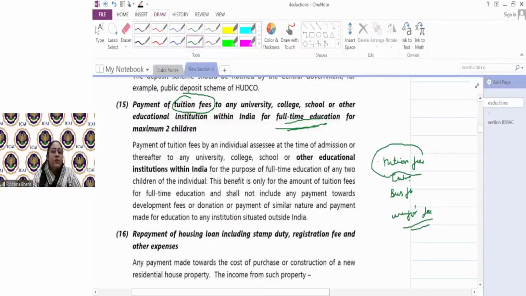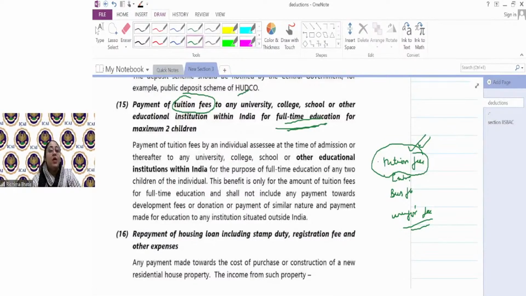The element which is allowed as deduction is tuition fees. Tuition fee of what? Any full-time education. Full-time education can be anything, like from 1 to 12, or university education or college education. Even nursery is a full-time education, or pre-nursery is also a full-time education.